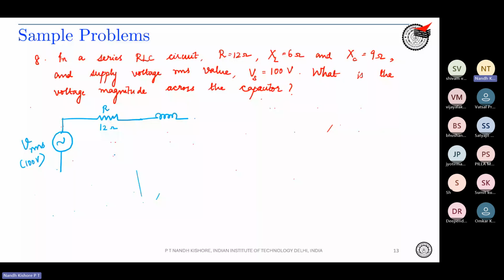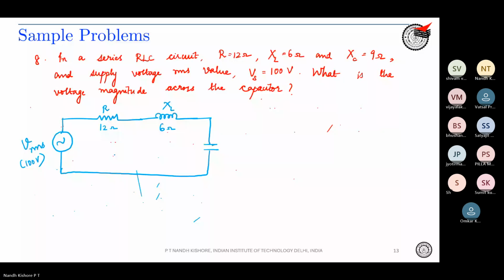There is an inductance XL, right? XL is 6 ohms, and there is a capacitor, correct? And capacitor has 9 ohms. They are asking what is the voltage in RMS across the capacitor. What is VC is the question.